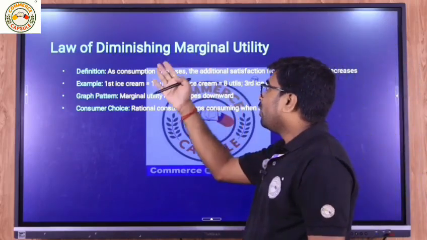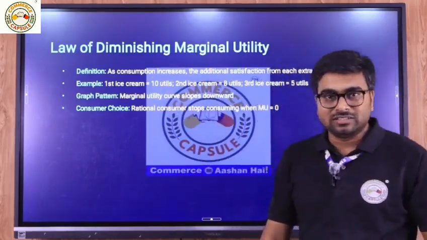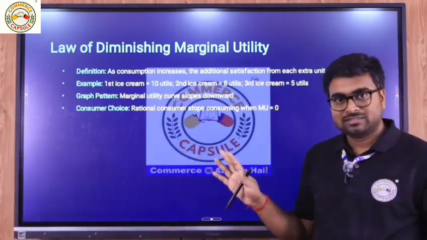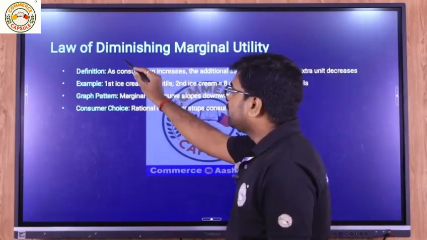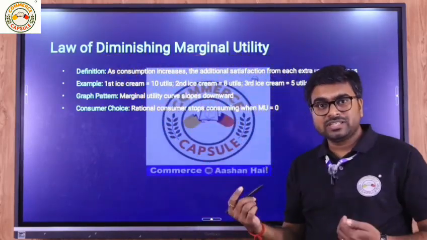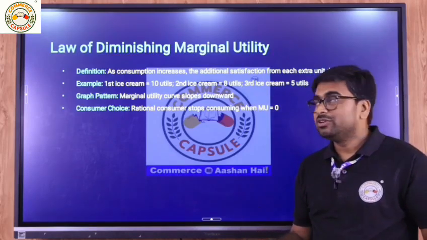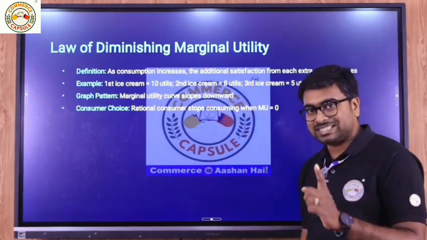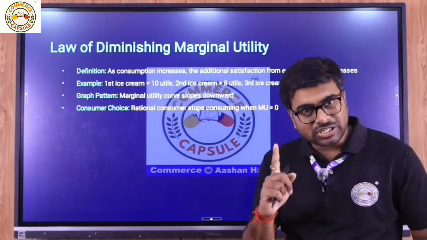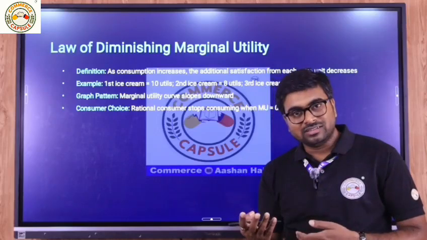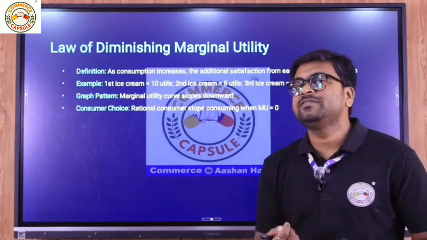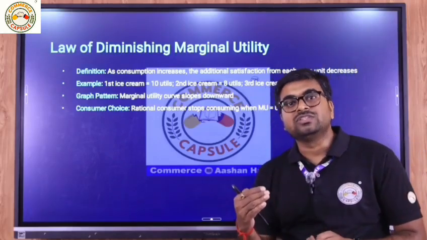Now come to the law of diminishing marginal utility concept. This is one of the major important concepts in economics. What does it mean? In English, diminishing means decreasing. So diminishing marginal utility states that if a rational consumer consumes one particular good more and more, then the additional utility received from each and every successive unit of consumption always goes down.